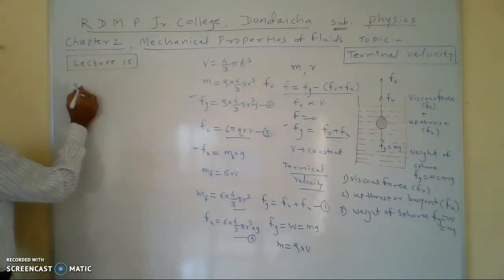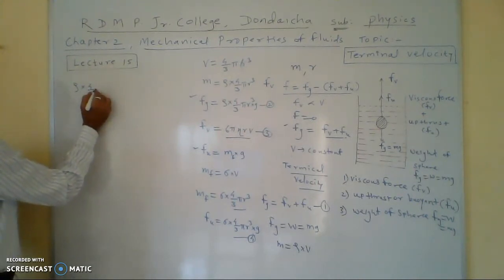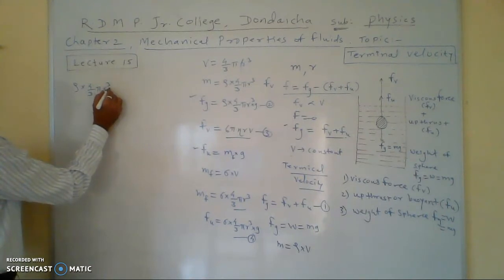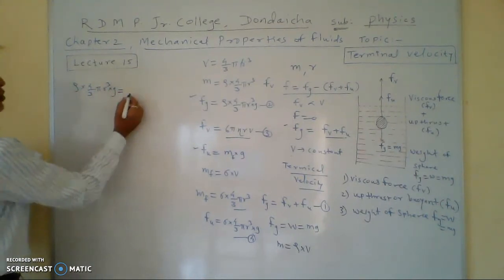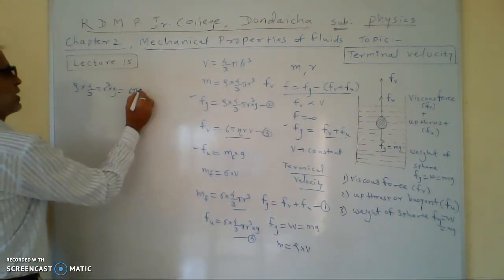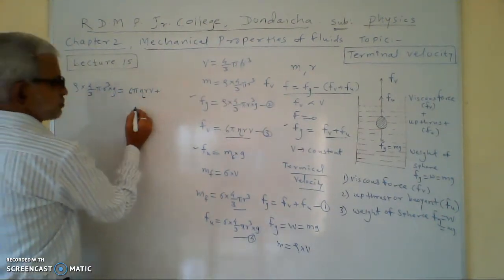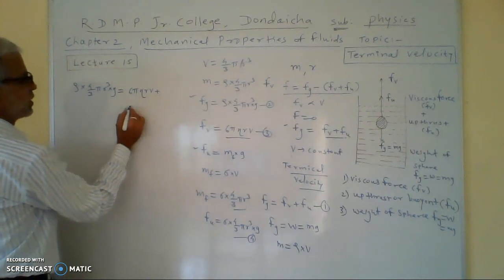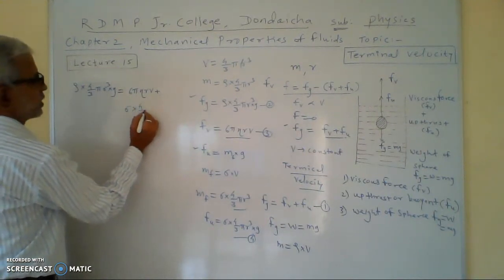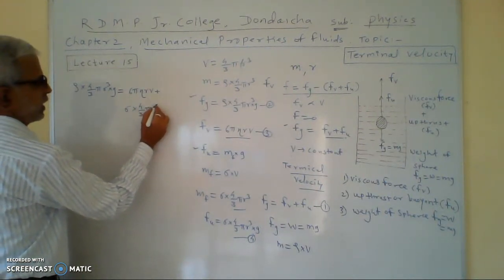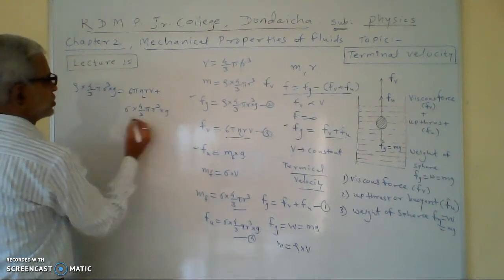So rho into 4 upon 3 pi r cube into g is equal to 6 pi eta r into v plus sigma into 4 upon 3 pi r cube into g.